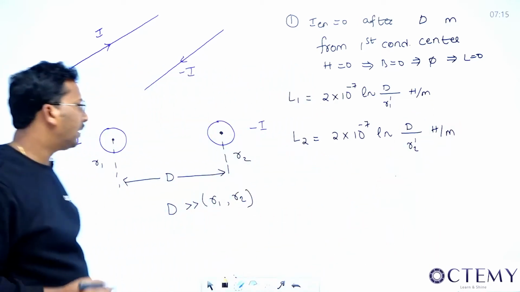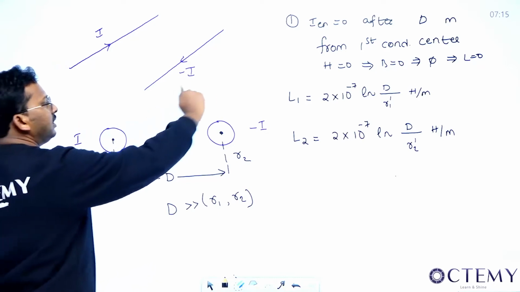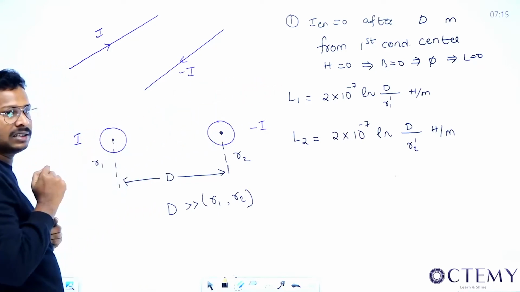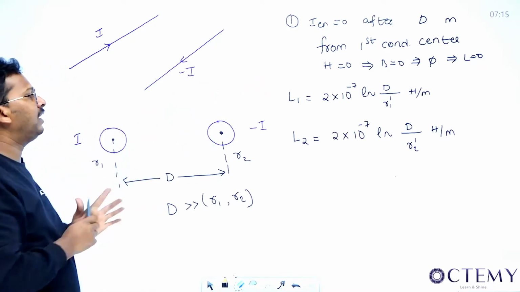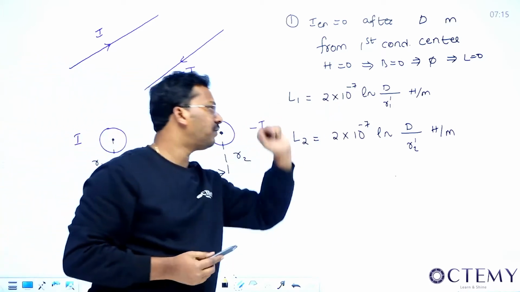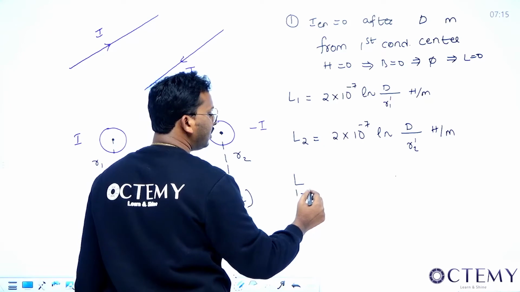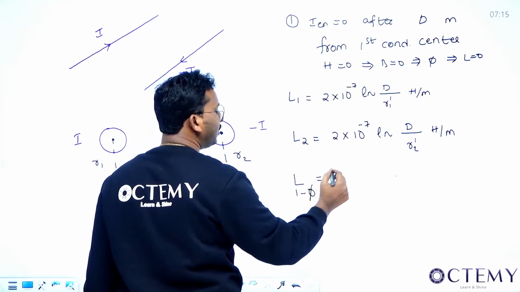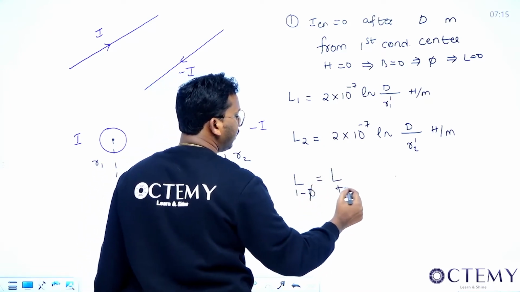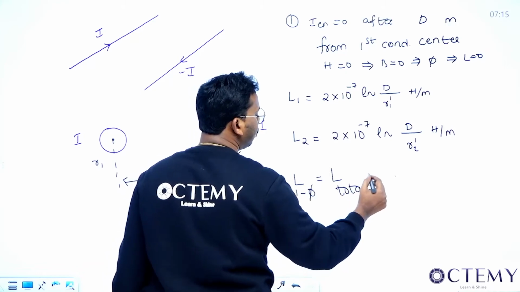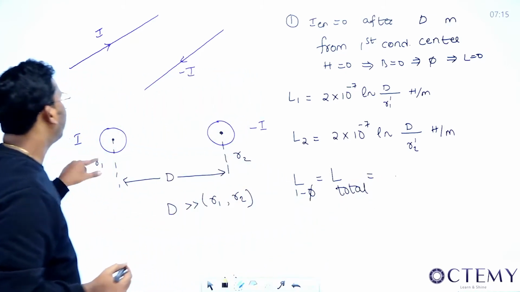Now these two conductors are in series, because the current goes like this, and in the load it is coming back like this. So if the inductance of the single phase system is asked, that is the total inductance. These two are in series, because this is a series circuit.